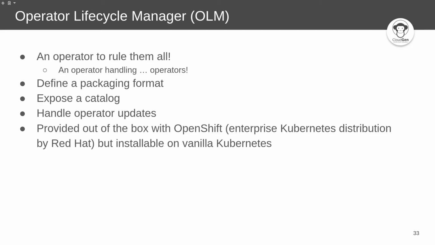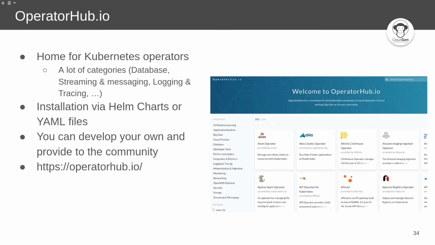It has a catalog and it handles the operator. It means that if the provider of the operator provides a new version of the operator in the catalog, in the registry, then the OLM will take care of doing the upgrade of the operator for the user. OLM is provided out of the box on OpenShift, which is a Kubernetes distribution provided by Red Hat, but it's possible to install this OLM even on a vanilla Kubernetes installation. So we will see in a little bit during the demo how it works.